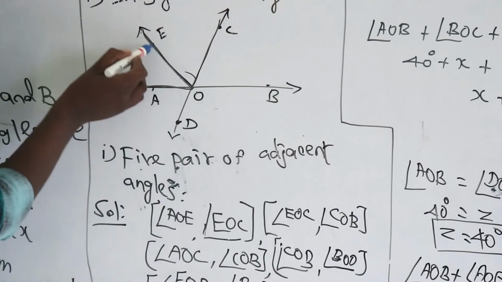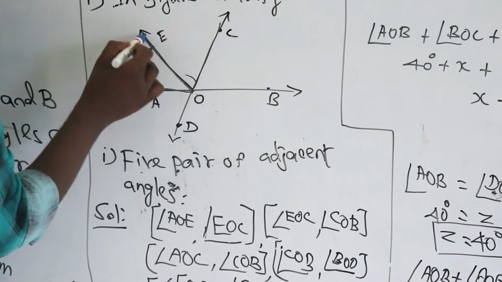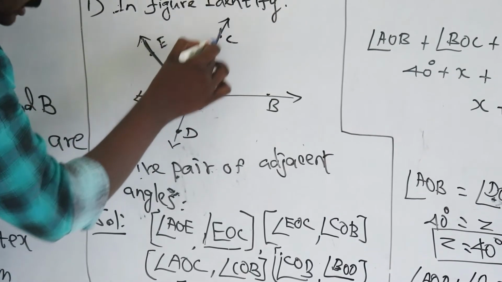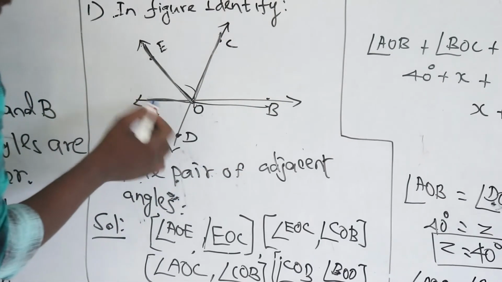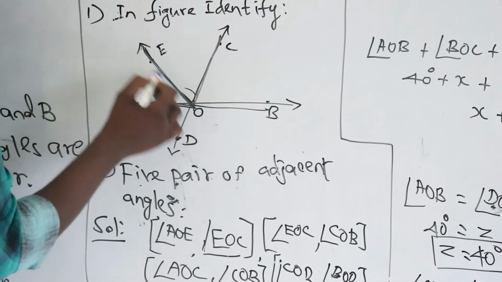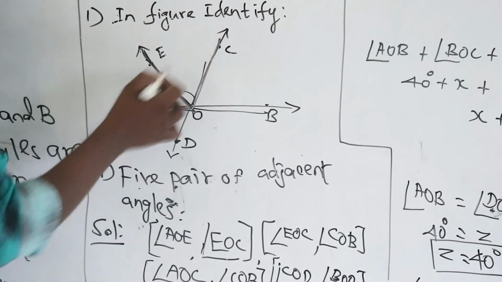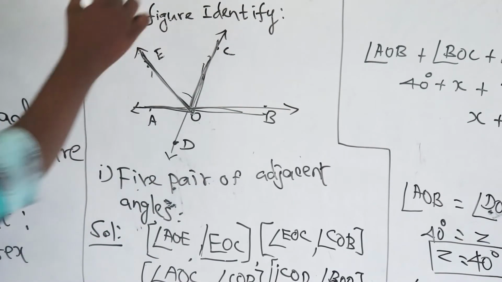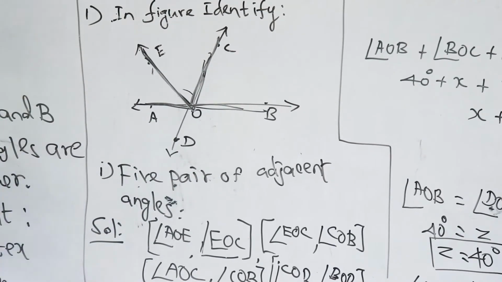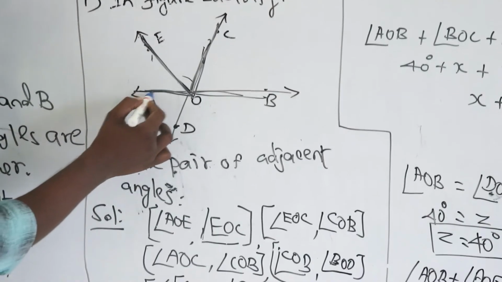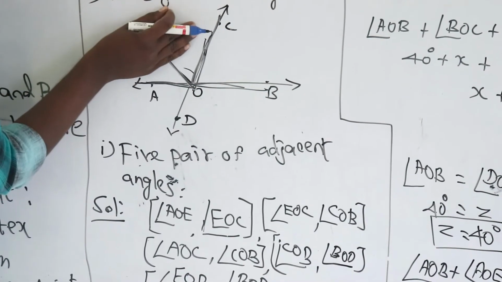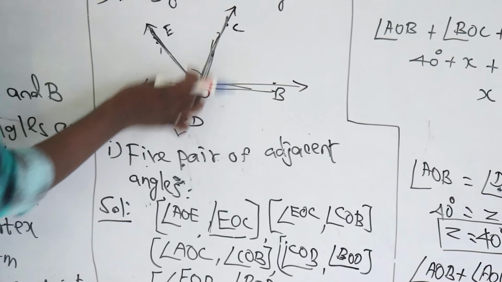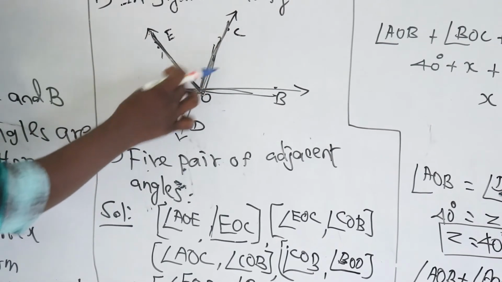Next, EOC: first we take this angle and this angle, then these two angles are adjacent angles.